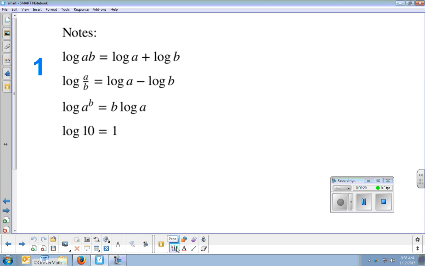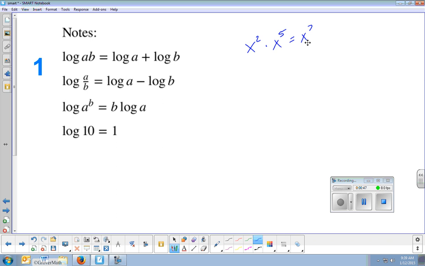One of the key notes in the intro video, the previous video on logarithms, was that a logarithm is an exponent. It's important to know that because if you remember the properties of exponents, multiplying a common base, like x squared times x to the fifth, gives x to the seventh.